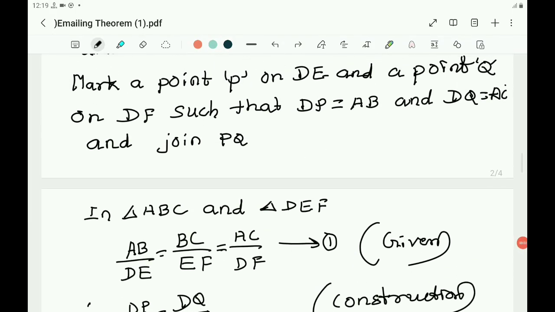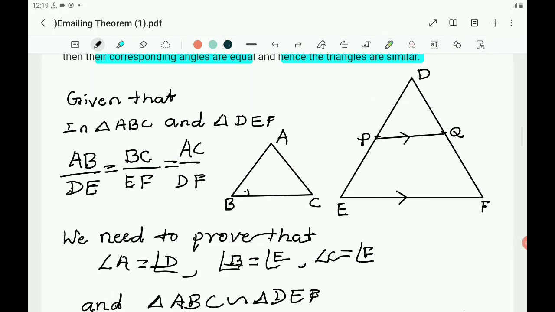Then the corresponding angles of the congruent triangles are equal. Then you can write angle A is equals to angle D, and angle B is equals to angle DPQ, and angle C is equals to angle DQP, right?